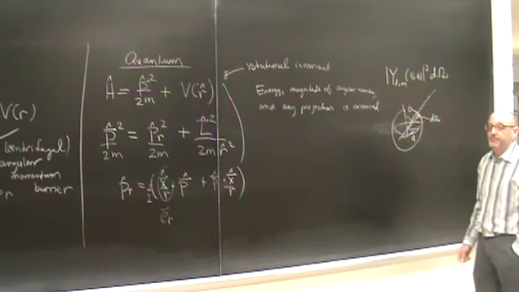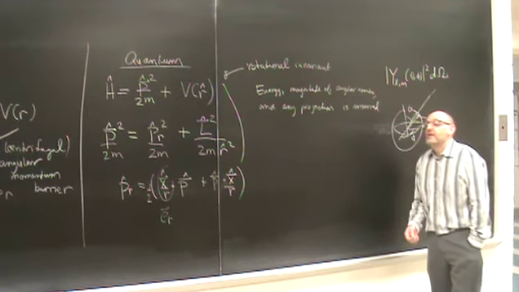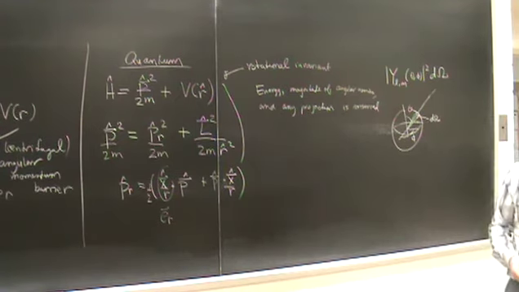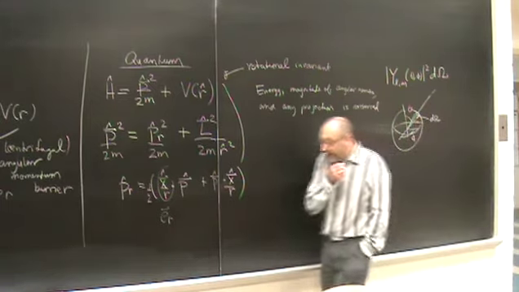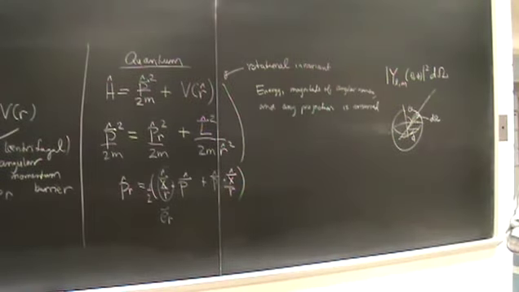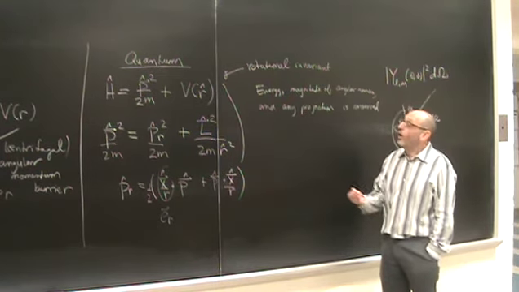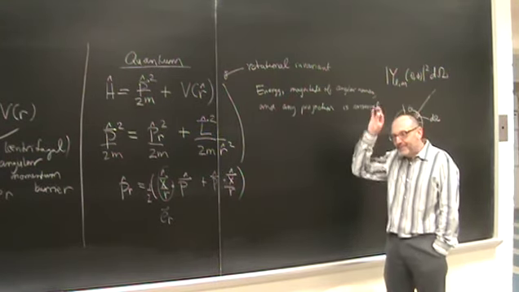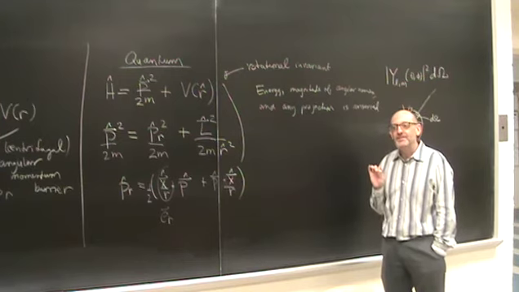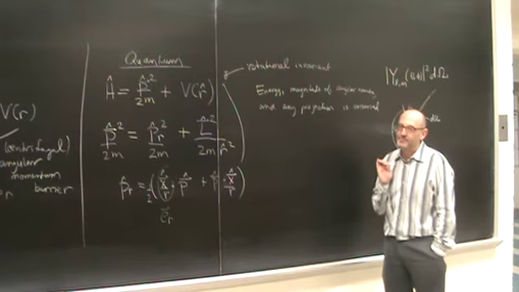So I can specify the energy eigenstate. Remember, the eigenvalue of energy alone doesn't specify the energy eigenstate if there are degeneracies. And if there are symmetries, there will be degeneracies. So I need more quantum numbers, more conserved quantities to specify which orbital, as opposed to orbit, I'm talking about.